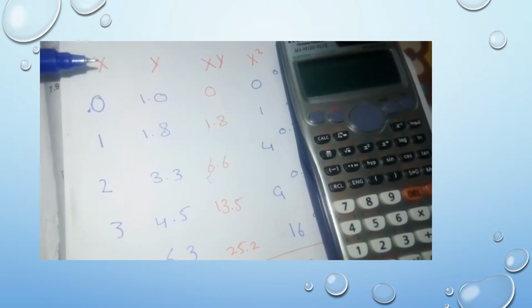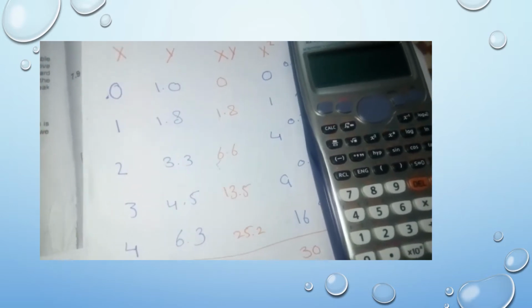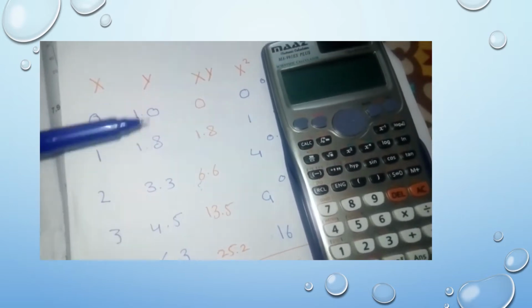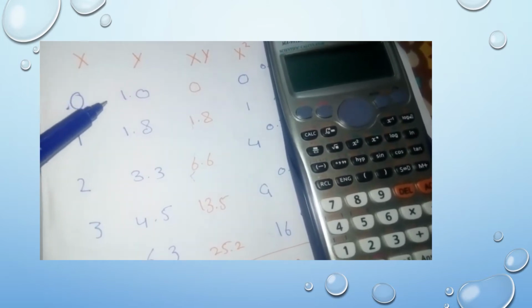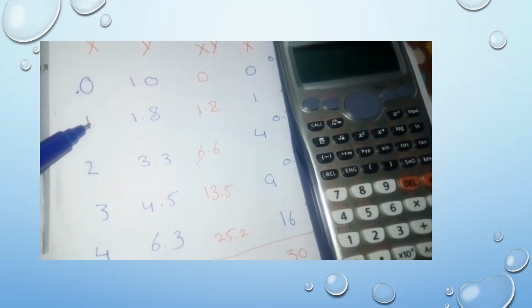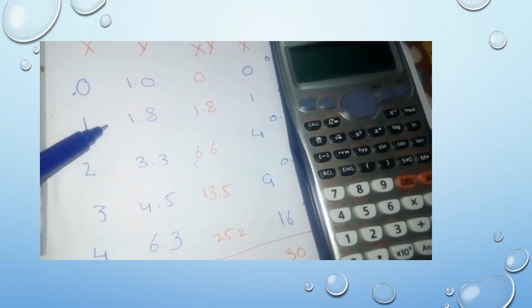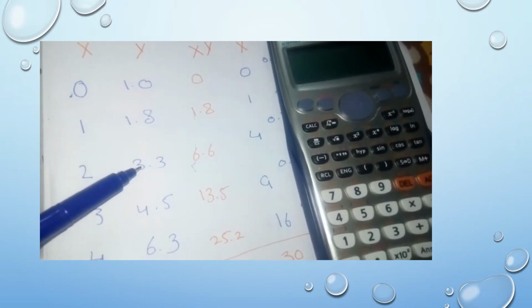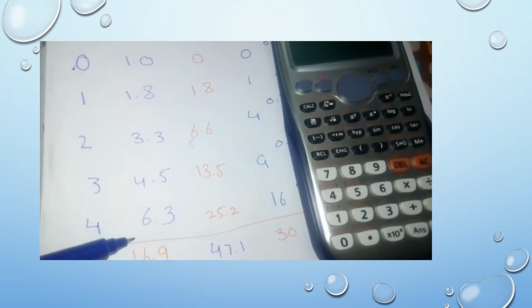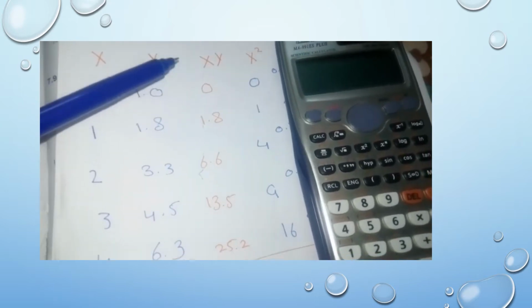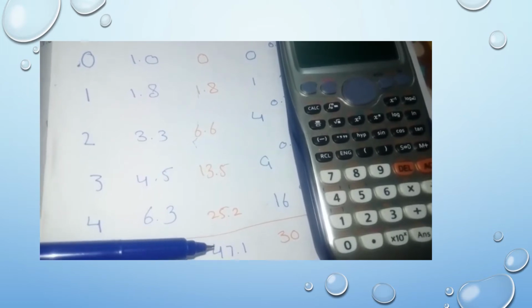Let's solve one example to find the regression line y on x. This is the data x, y, and when we multiply x with y: 0 multiplied with 1.0, 1 with 1.8, 2 with 3.3, 3 with 4.5, and 4 with 6.3. The sum of the xy is 47.1.